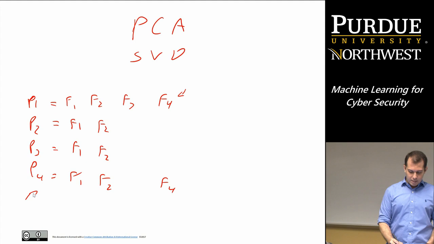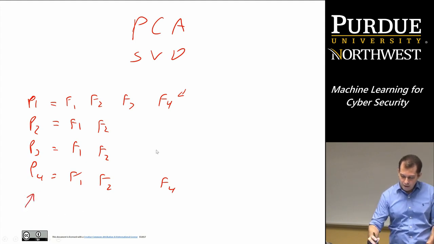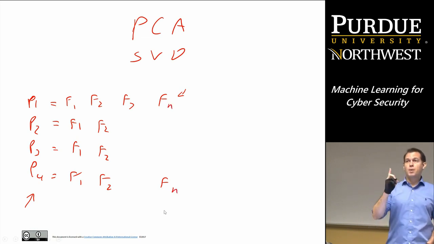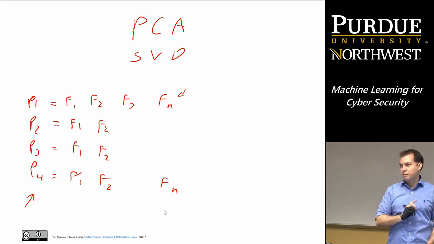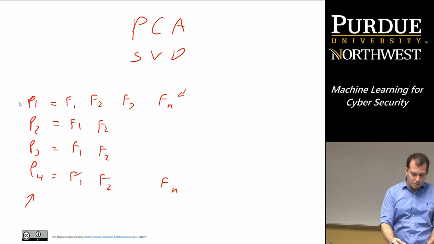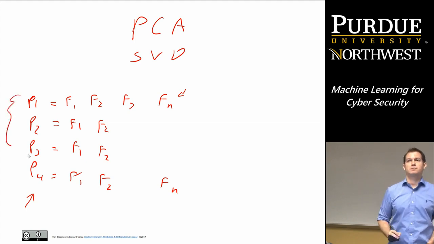So you might ask then, what is this good for? Well, what's good about this is that you might have here, let's make this actually n. But the algorithm has an objective. And the objective is to capture as much of the information in as few of these as possible.